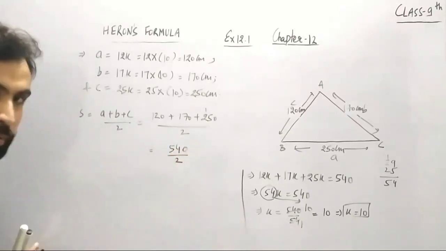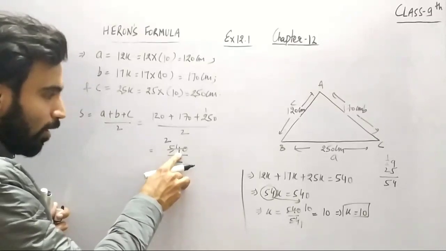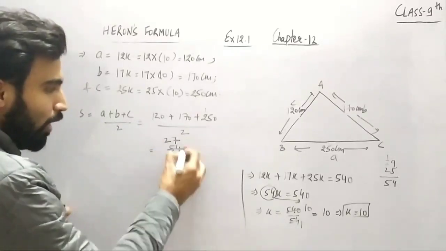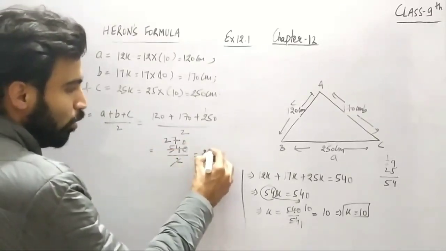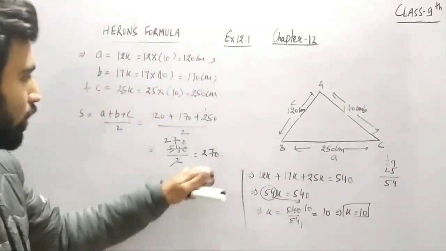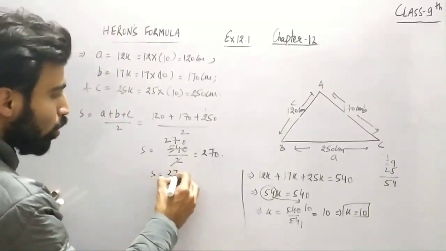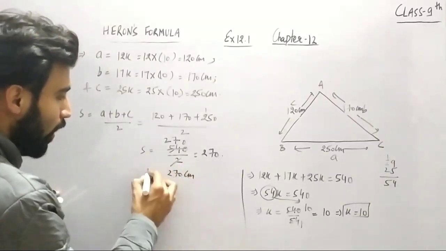So 540 divided by 2: 2 fours are 4, 1 carry, that will be 14. 2 sevens are 14 and 0 as it is. So that will be 270, right? So the semi-perimeter S has a value of 270 centimeter, right?